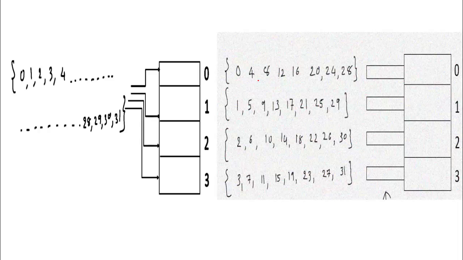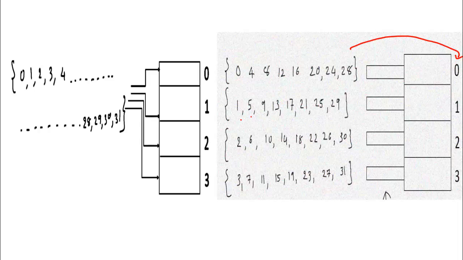You can see it over here that the block set 0, 4, 8, 12, these are all main memory blocks which will go into the 0th block of cache memory. There is absolutely no chance that any block from this list will go into the first, second or third block of cache memory.